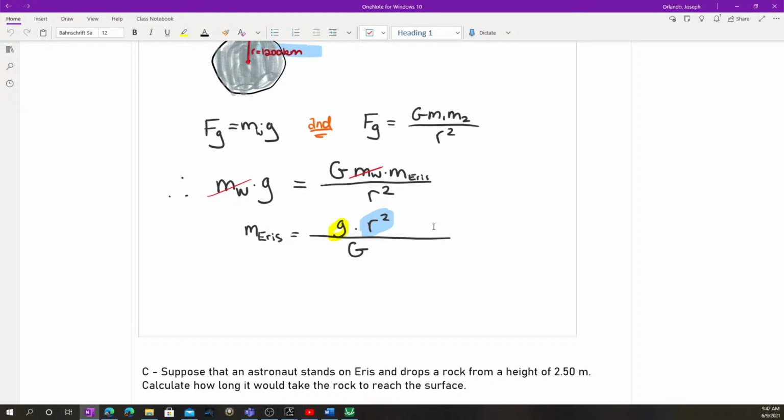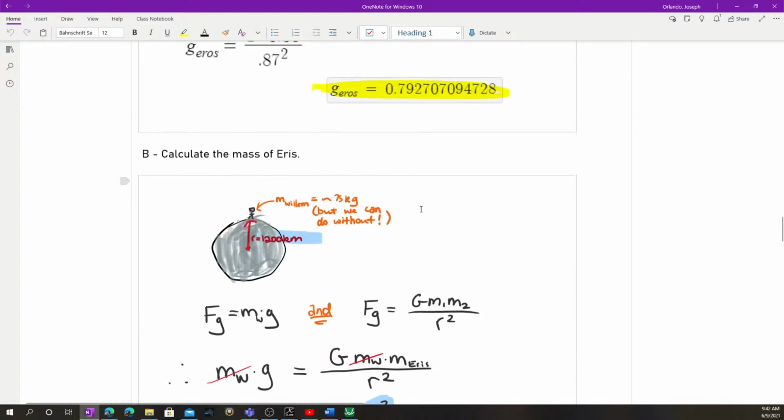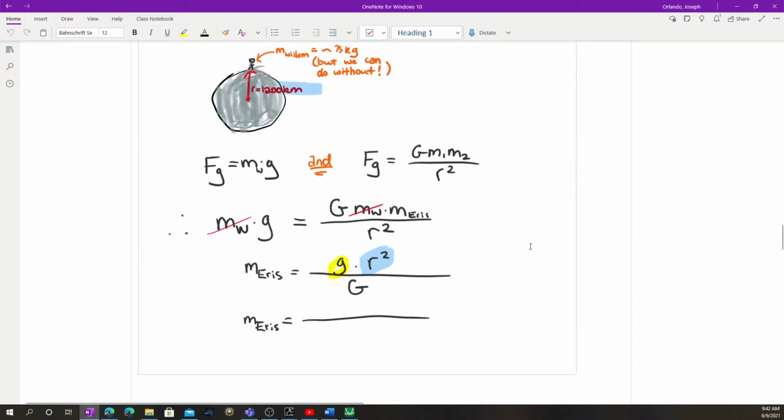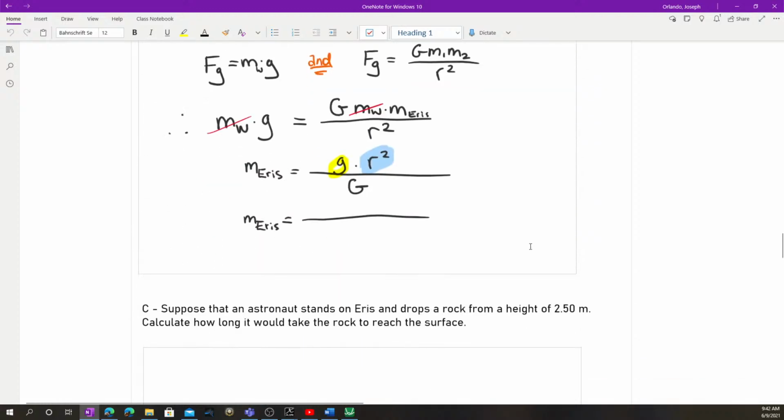So we can say the mass of Eris will be, I don't have that memorized, 0.7927 meters per second squared times, I should slide this down a wee little bit. A little tight with what's above it. Times the distance between them squared, and we said that's 1,200 kilometers. We got to make sure we square that.